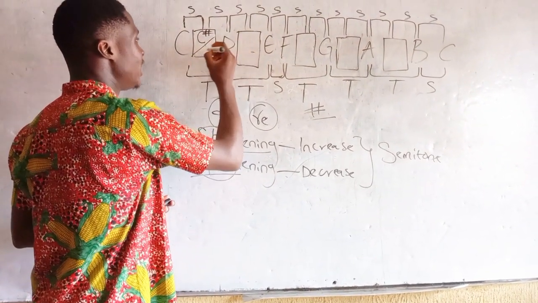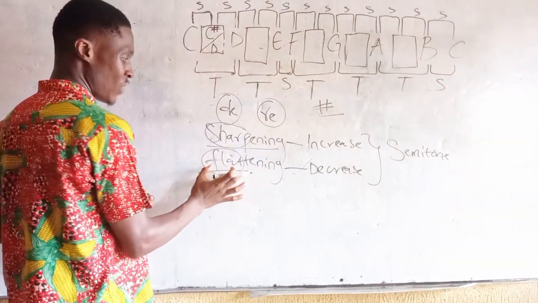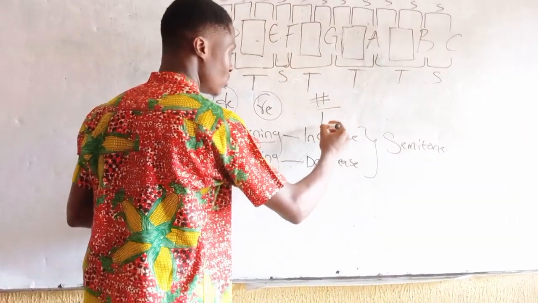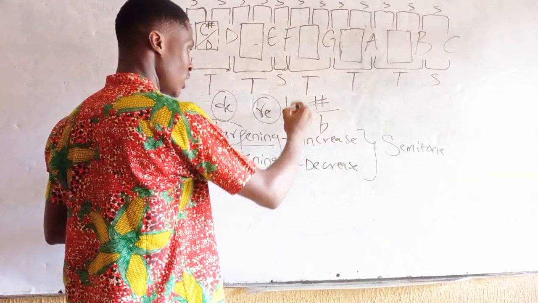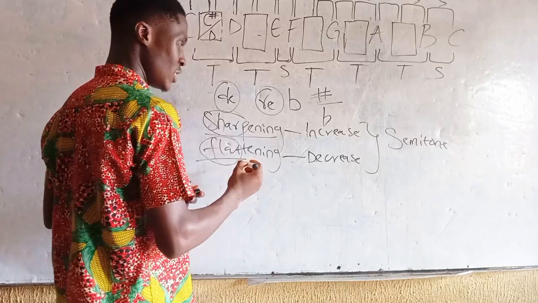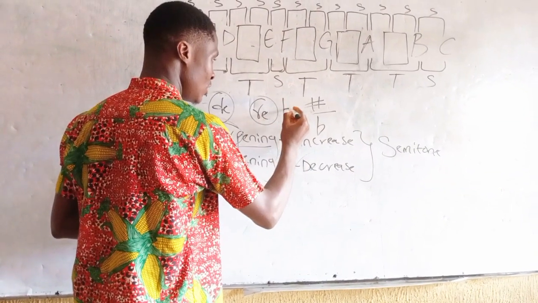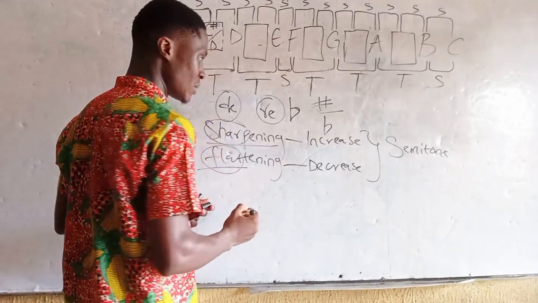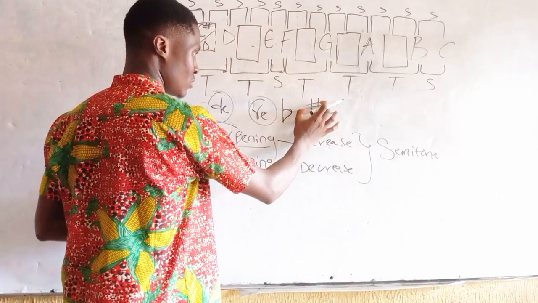So you write the name of the key you just flattened, and since you flattened it, you add this symbol, the flat symbol. It is not small letter B. The base is somehow pointed. So this is the flat symbol, this is the sharp symbol.